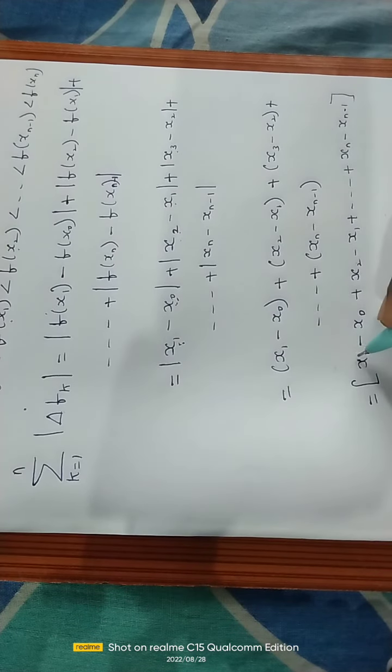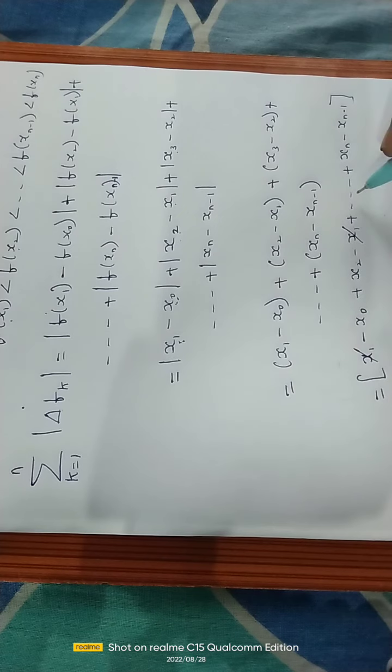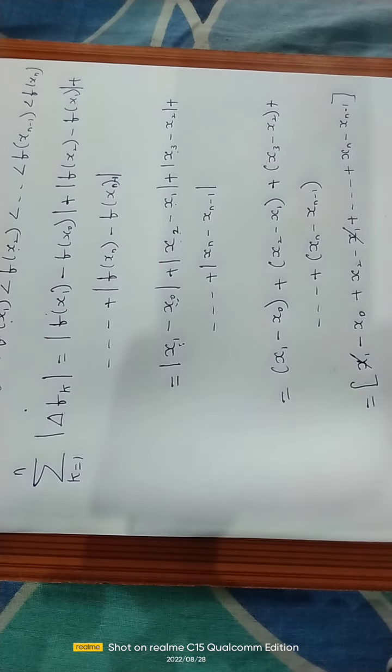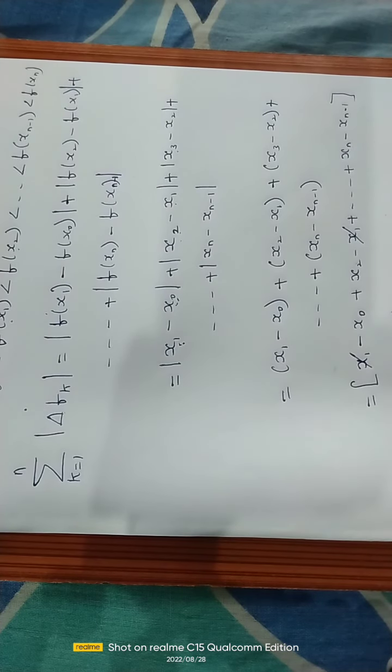If I cancel out, plus x1 minus x1 will cancel, plus x2 minus x2 will cancel, and so on. At the end I will get xn minus x naught, which is nothing but b minus a.